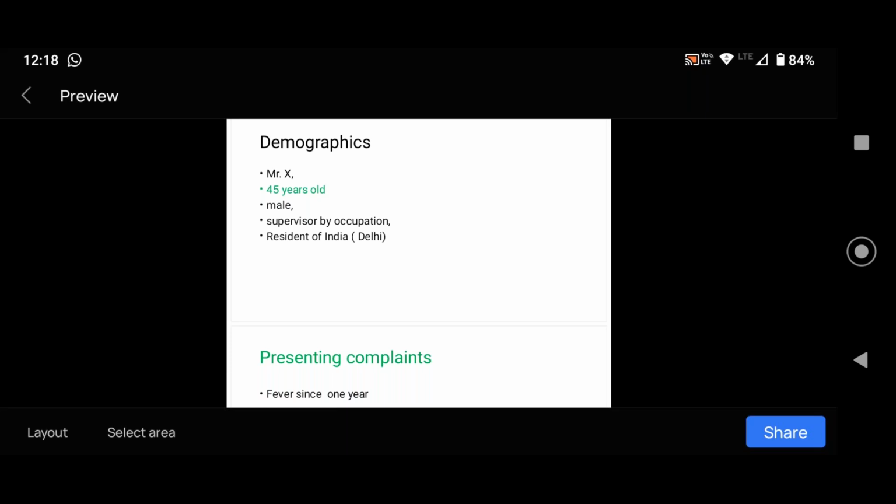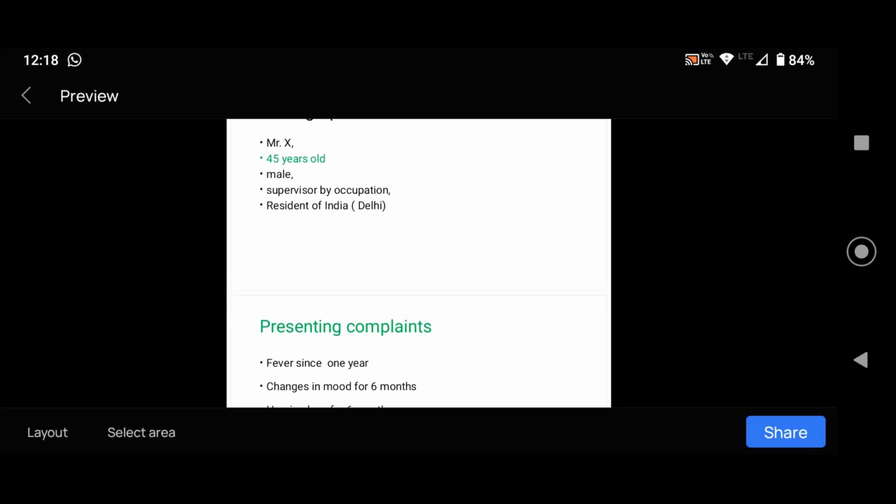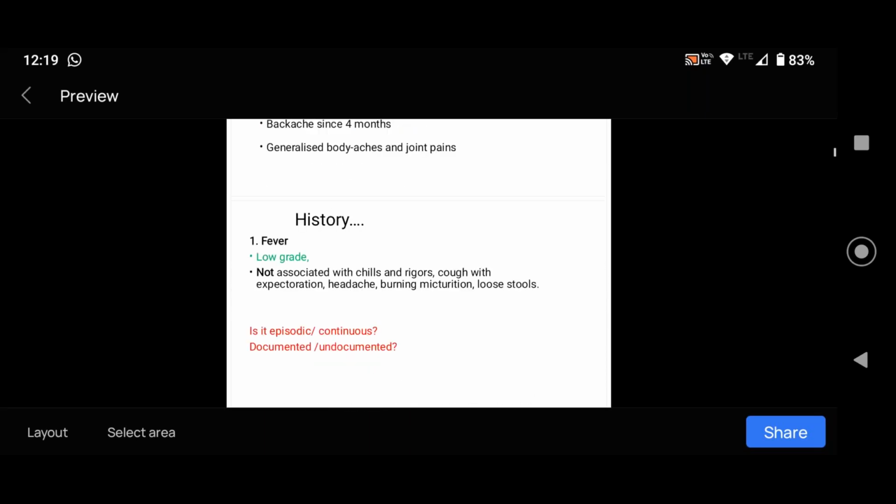We thought maybe he works in a factory or something, but he was a supervisor at a dairy farm where there was a lot of exposure to animals, animal products. And then we really thought that maybe this is all brucella. And when we went back and looked at the history, the examination, the findings, we found that a lot of these symptoms happen in patients with brucellosis.